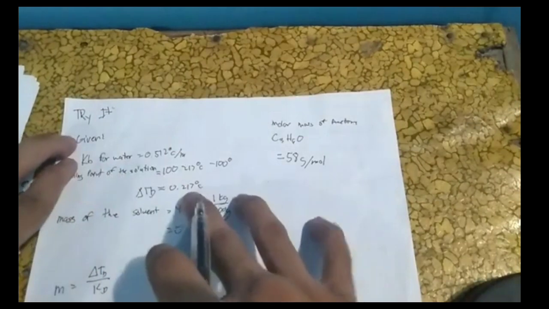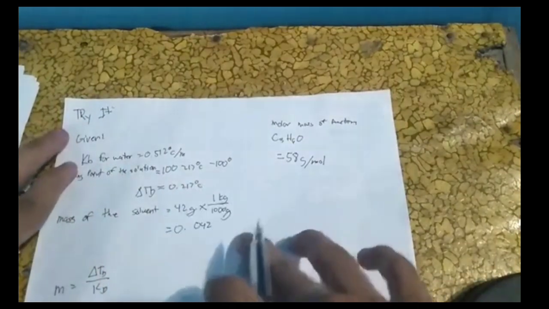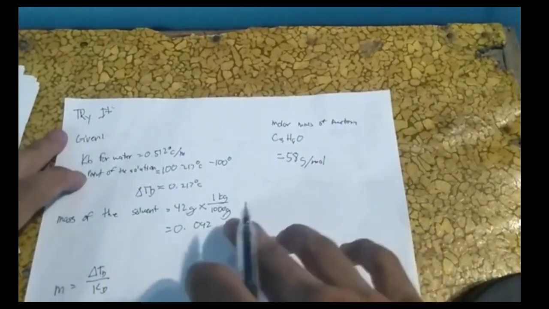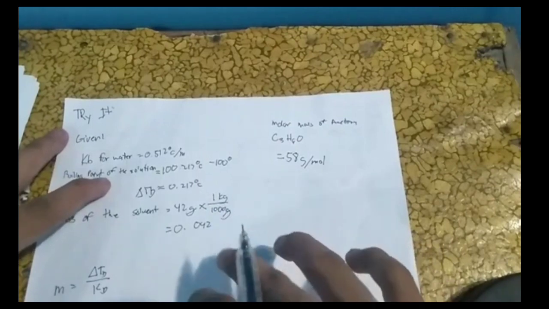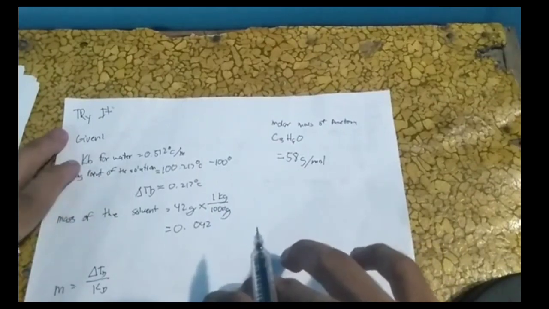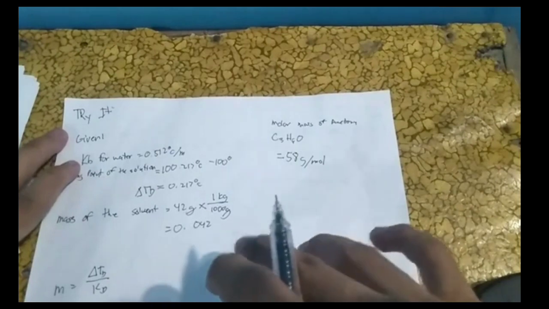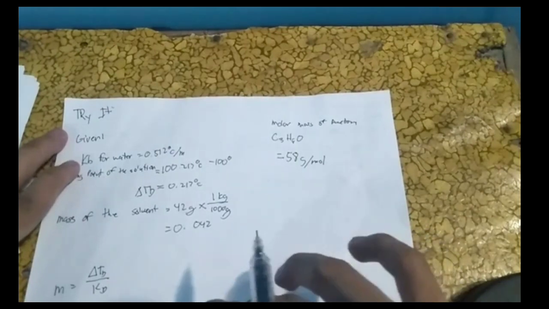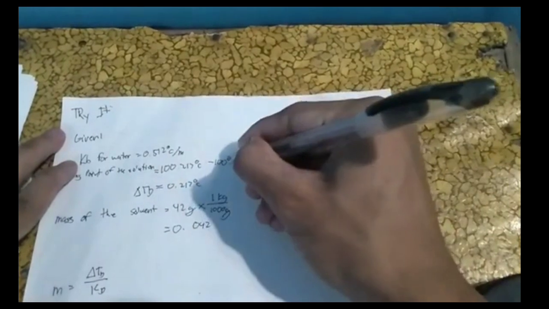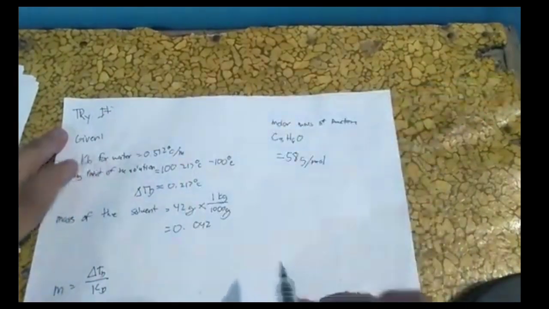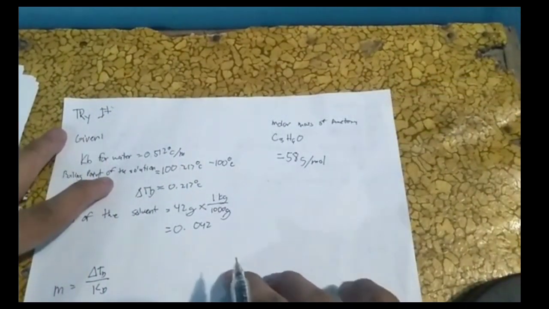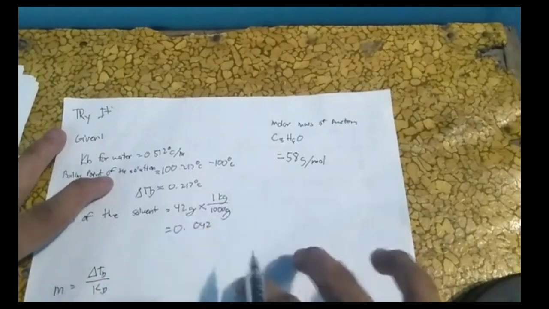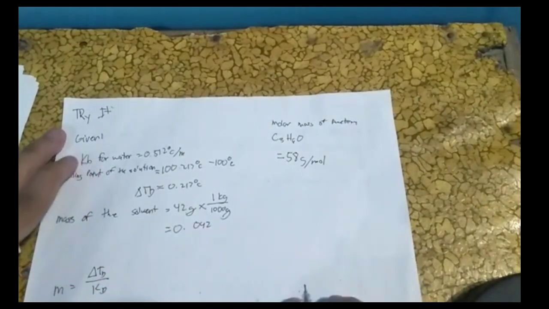So for the try it, example number 3, we have the given Kb for water, 0.512 degrees Celsius over m, and the boiling point of the solution is 100.217 degrees Celsius. We have to minus it by 100 degrees Celsius because it is the boiling point of the water. So the boiling point elevation is only 0.217 degrees Celsius.